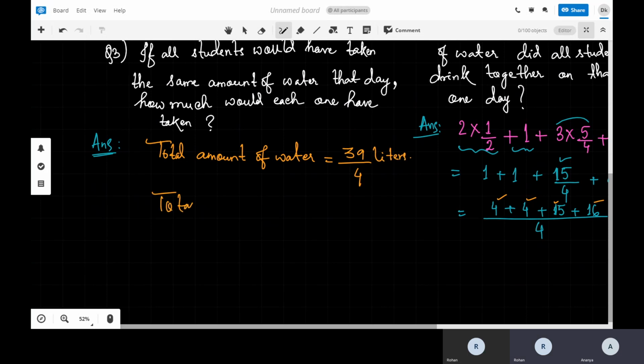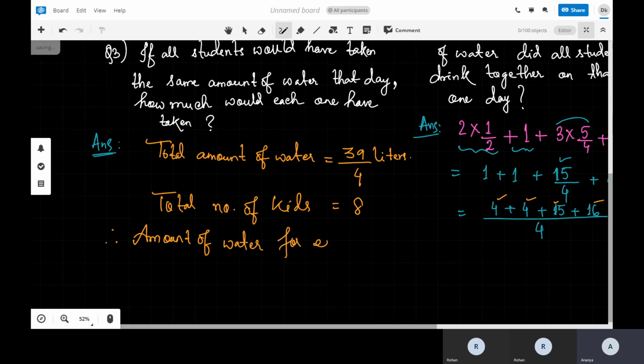Okay, total number of kids is equal to 8. Therefore, amount of water for each kid would be equal to what?